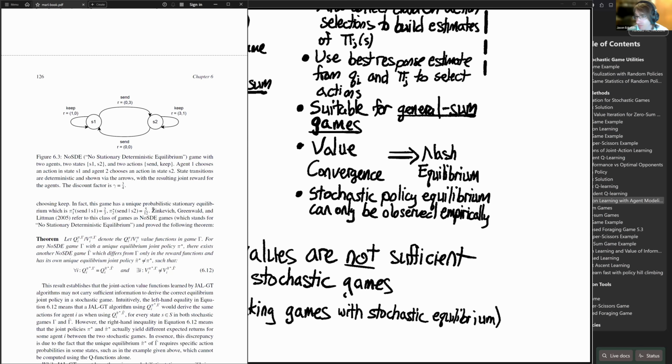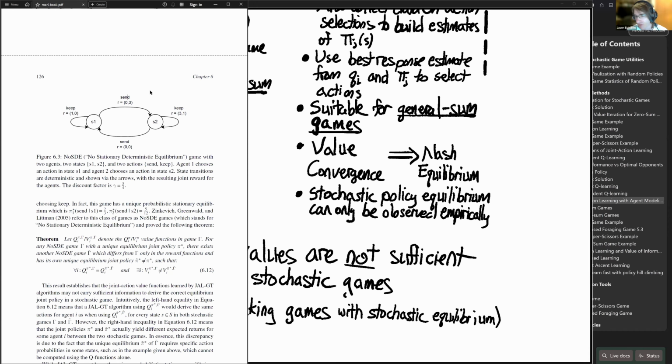But while it might be tricky to derive this, what you can see is that in any solution in which the players' actions are fixed, so it's not probabilistic, but like Agent 1 always selects this action or always selects this action, none of those combinations of actions are in equilibrium.